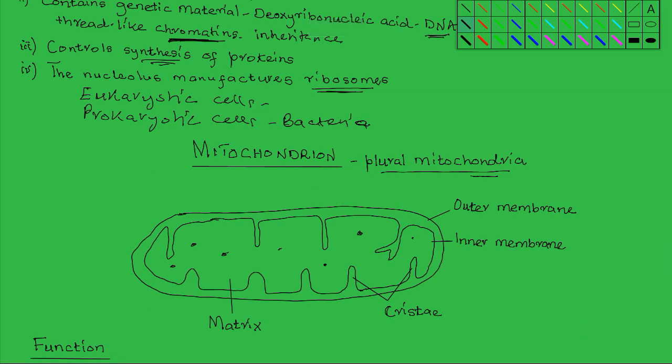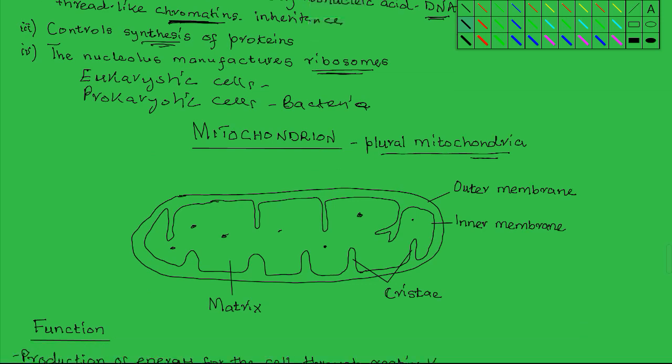The mitochondrion is an elongated sausage-shaped organelle bound by a double membrane. So there is the outer membrane and the inner membrane. The outer membrane is smooth, while the inner membrane is highly folded to form projections known as cristae. So cristae is the plural form of these projections.